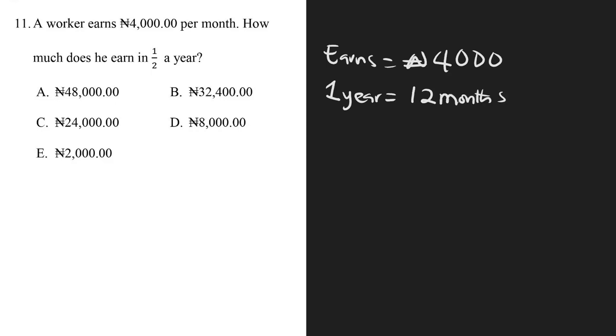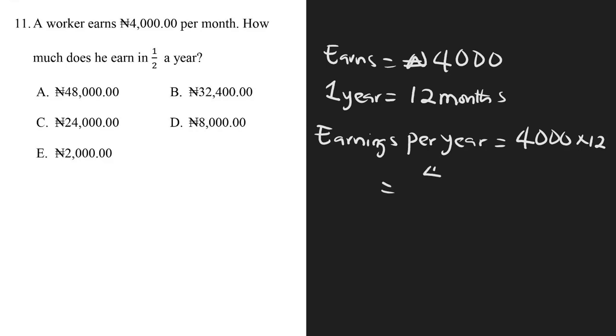So earning per year will be 4,000 times 12. Since we have 12 months and he earns 4,000 per month. So we're going to say 4,000 times 12.